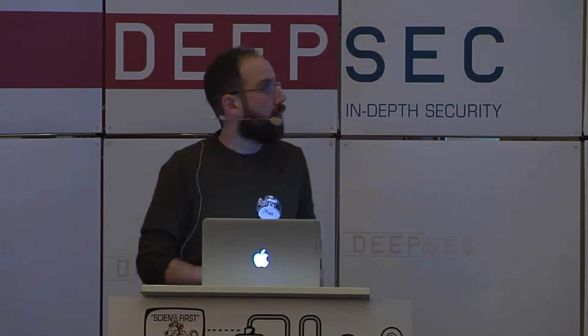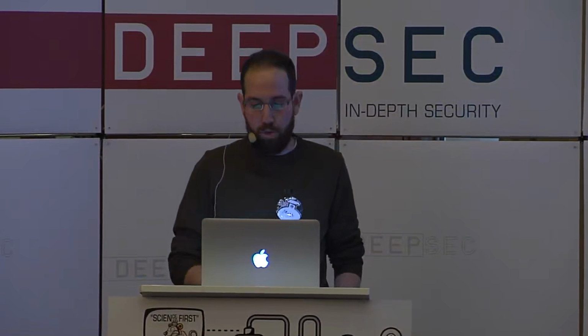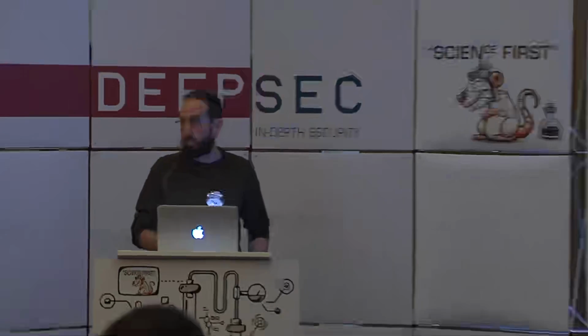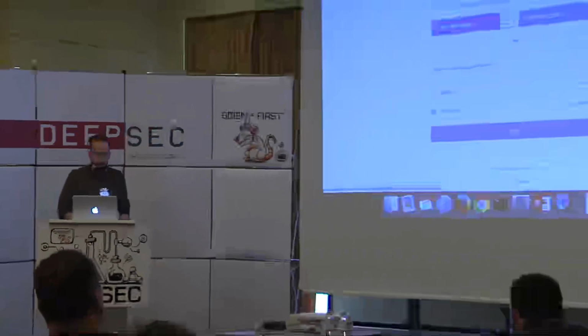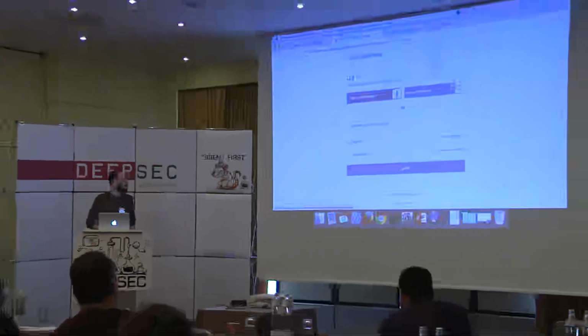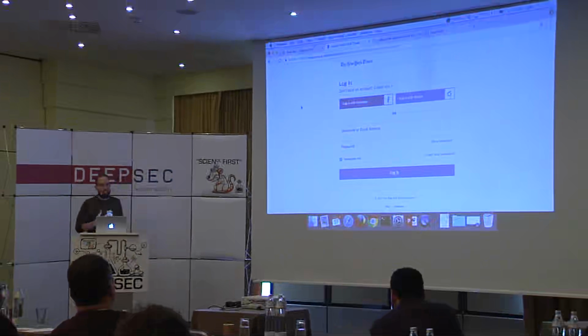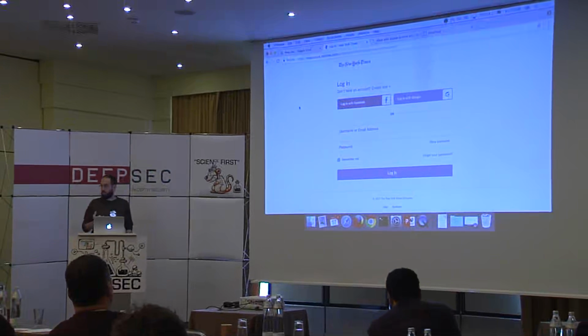So if you want to log in or identify as a user to, let's say, the New York Times website, you have this login page, which allows you to log in with Facebook, log in with Google, and so on. That's actually the third-party application authorization model.